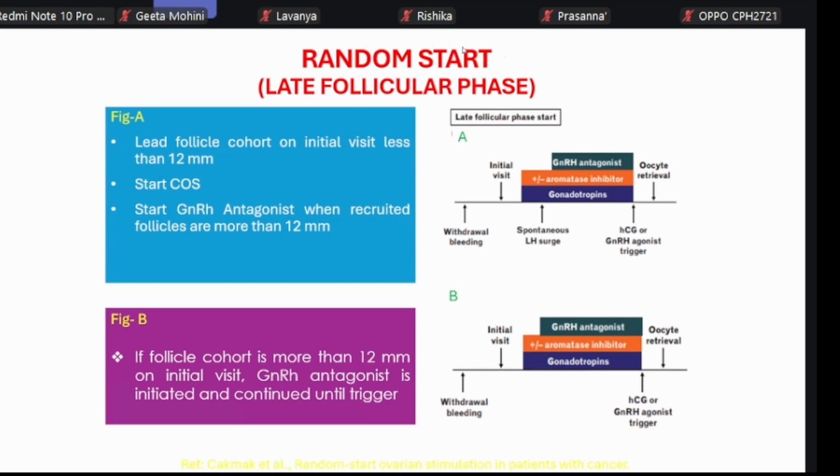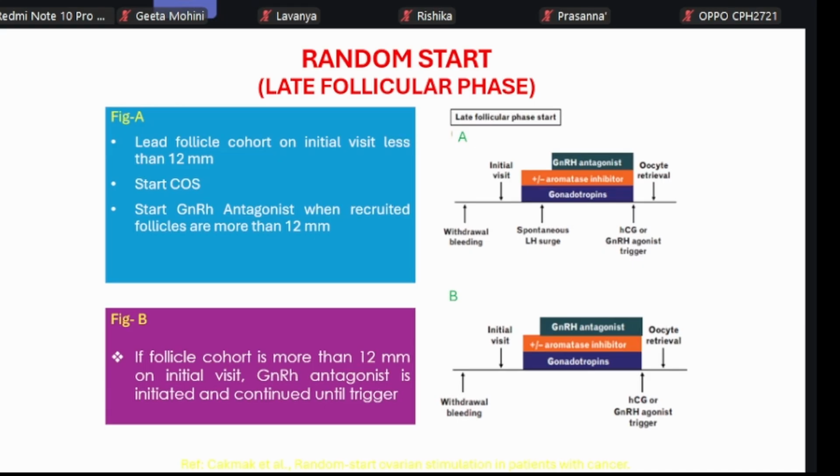Especially in the follicular phase, we may doubt and hesitate to stimulate if there is a dominant follicle on the scan. But the waves of follicular recruitment are continuous. There are multiple waves of recruitment in a single menstrual cycle.